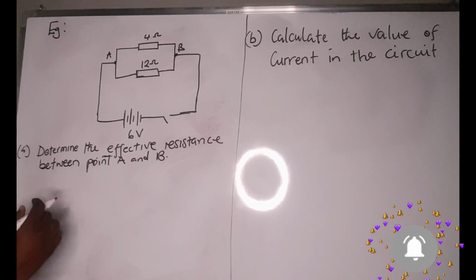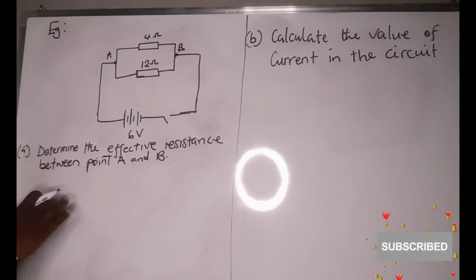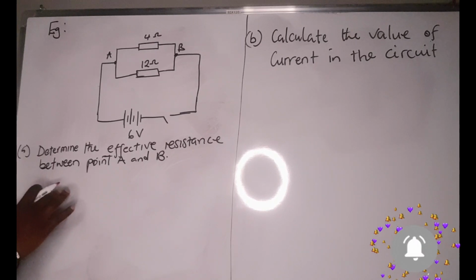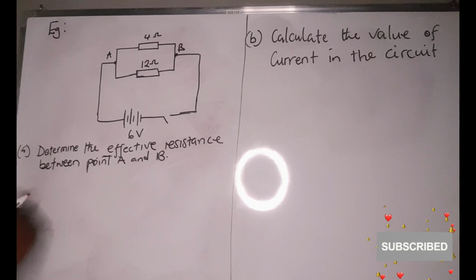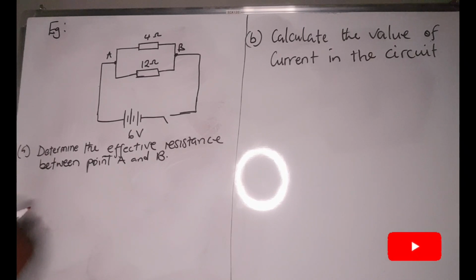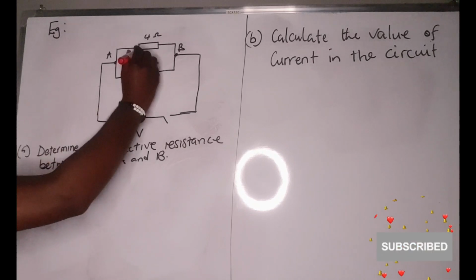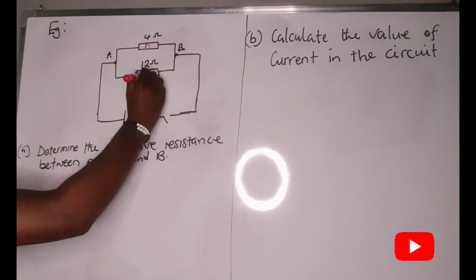Okay, so we look at this circuit where we have a 6 volts supply which is connected to 2 resistors which are in parallel. So this one is going to be our resistor 1, then this one will be our resistor 2.